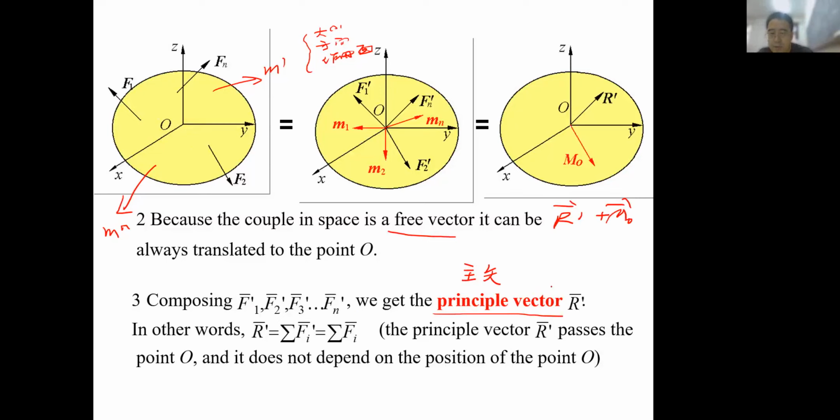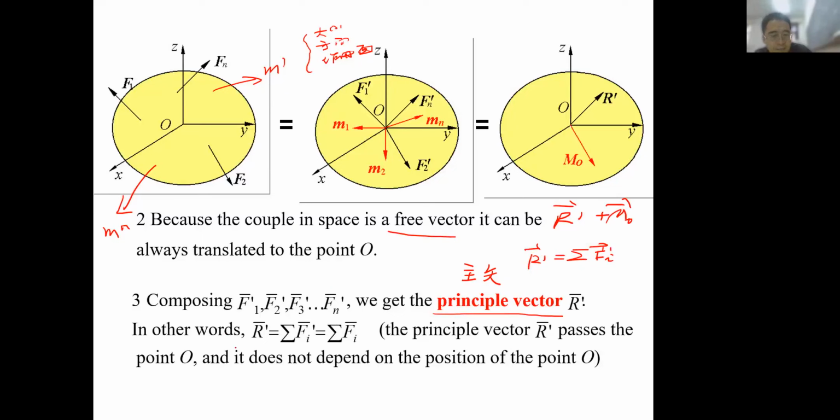It's compared to scalar. Scalar is 标量, it just has magnitude and doesn't have direction, right? So we get this principal vector. This one equals sigma Fi prime, so we can give this arrow to denote that it is a vector.